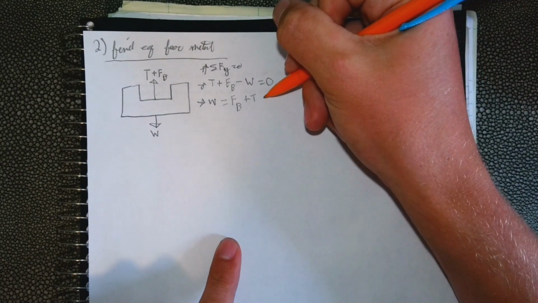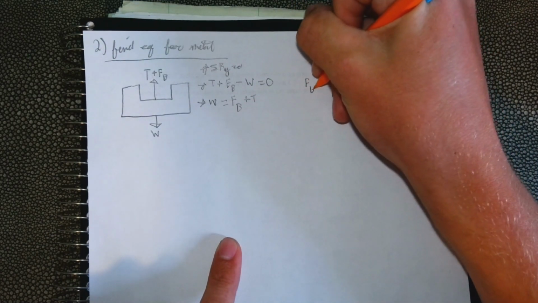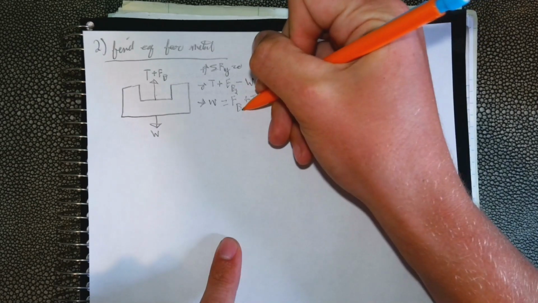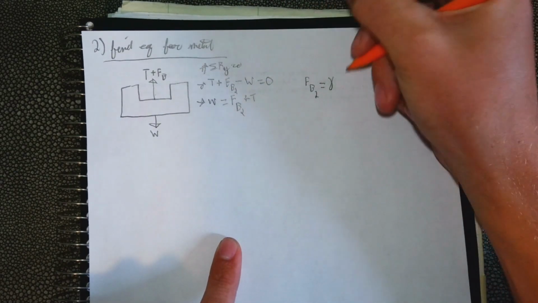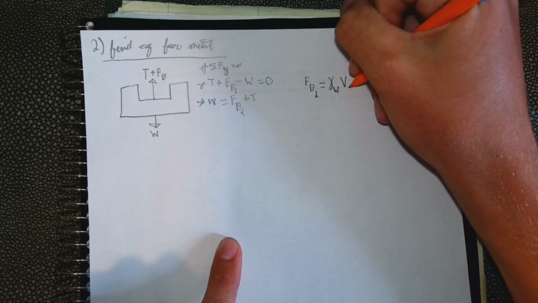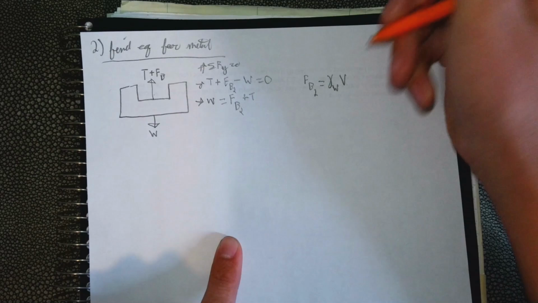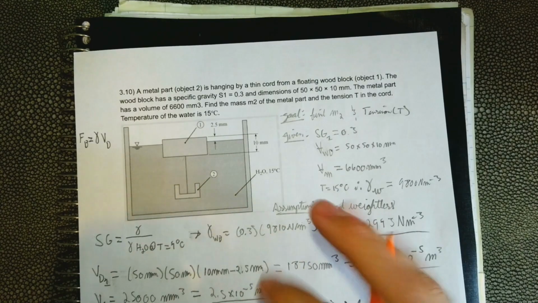We already solved for tension. We already know what tension is. We need to solve for the buoyancy force. So buoyancy force, and I should have been putting a 2 here, 2 for the metal. So this equals the specific weight of water times the volume displaced, which the whole thing's displaced, so I'm not going to write it. And then I think it gives us what the volume is.